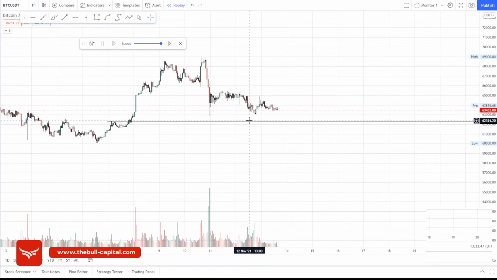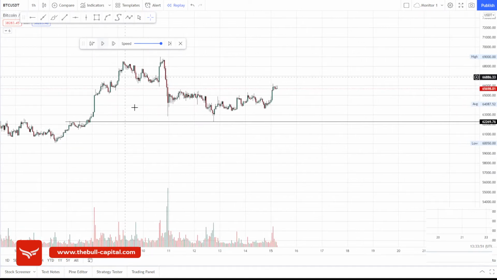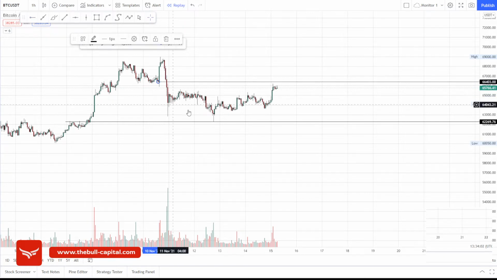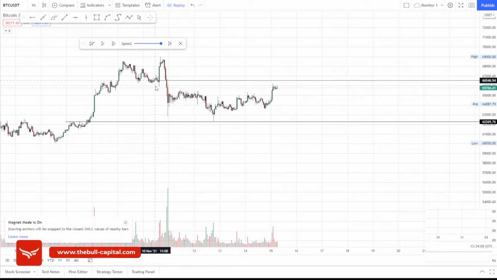And there we go, you have a perfect touch. And now this is going to act as a hold level on the upside. I think it's somewhere here, but if we go on the lower time frame, I think we can mark even more.